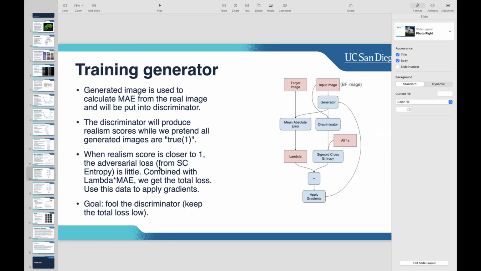That combines with lambda times MAE, as I mentioned earlier, to give the total loss. We can use this to apply the gradients. The goal here is to fool the discriminator, so the discriminator thinks all of your generated images are real. So we have to keep the total loss low.